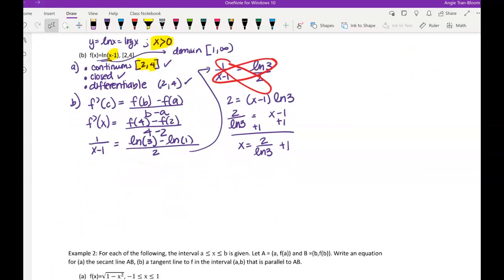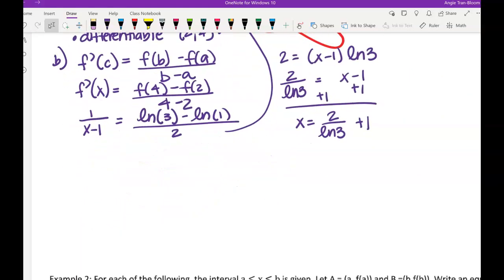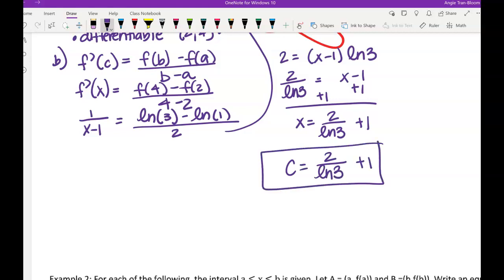So if you said that's the same as c, you can write x equals, or you can write c equals. So we have 1 c value. This is the slope, okay? This slope will be the same as the slope of a line that runs through the 2 points A and B.